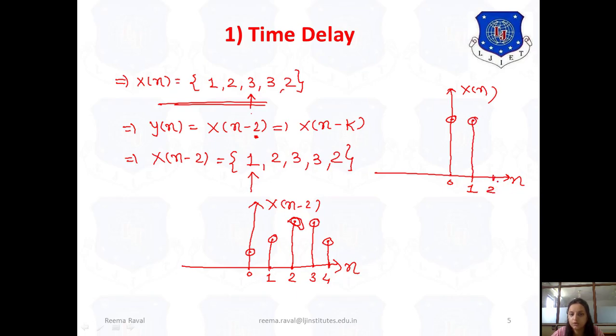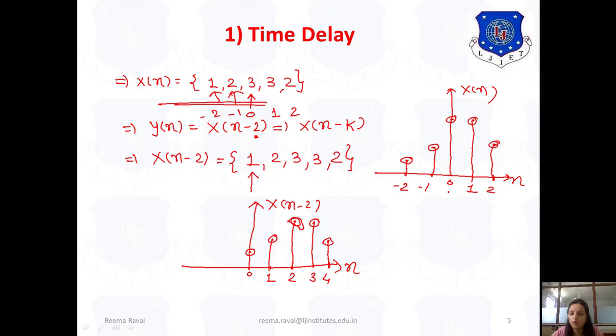At n equals 2, its value is 2. At n equals minus 1, this is 0 position, this is 1, this is 2, this is minus 1 and minus 2. So at minus 1, its value is 2. At minus 2, its value is 1.